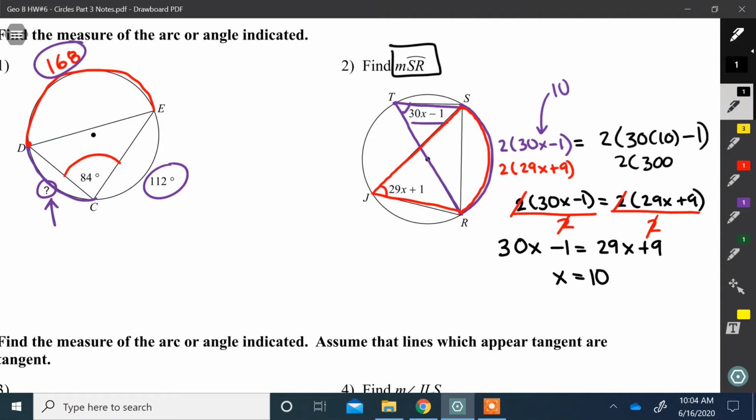Then x is equal to 10. You can plug in 10 right there. Now we're looking for the measurement of SR. Well, I don't think it's 10. That can't be 10. Oh, you know what I did wrong?